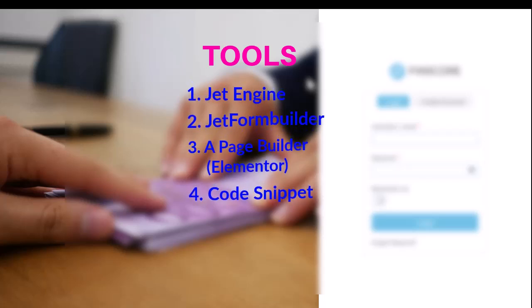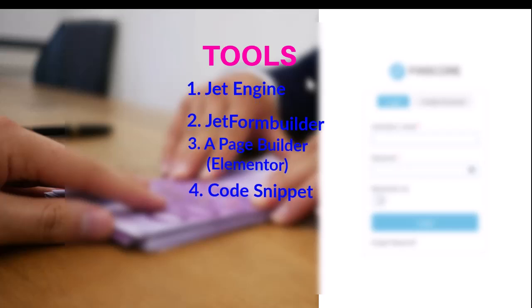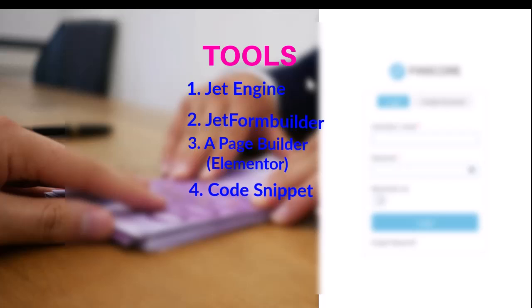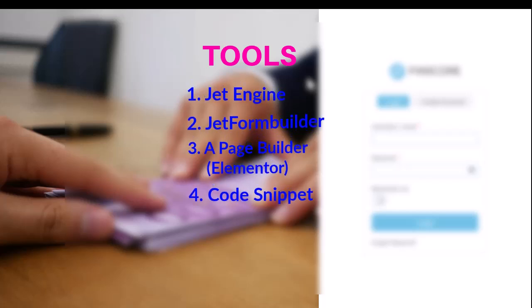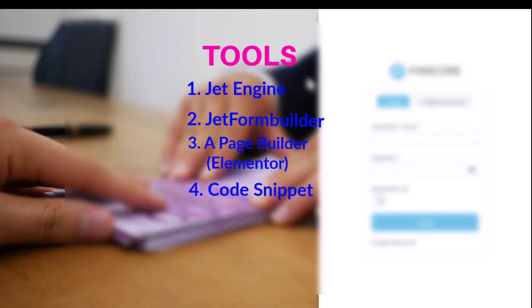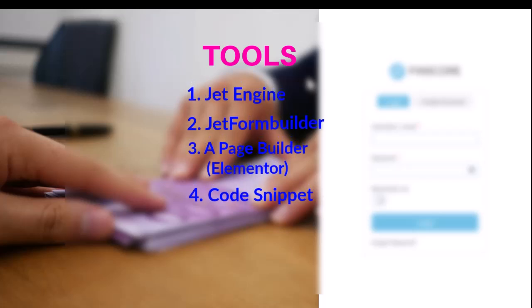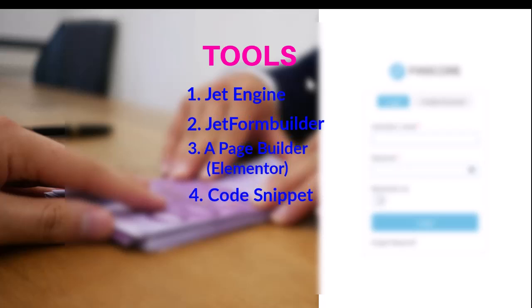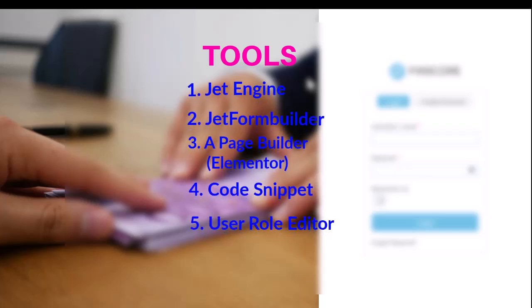Lastly, we also need a way to actually add extra user roles or capabilities that do not come with WordPress or are not default in WordPress. And in this case, we're gonna use a user role plugin.